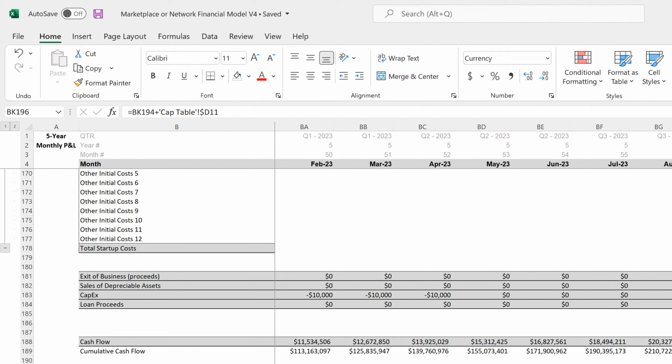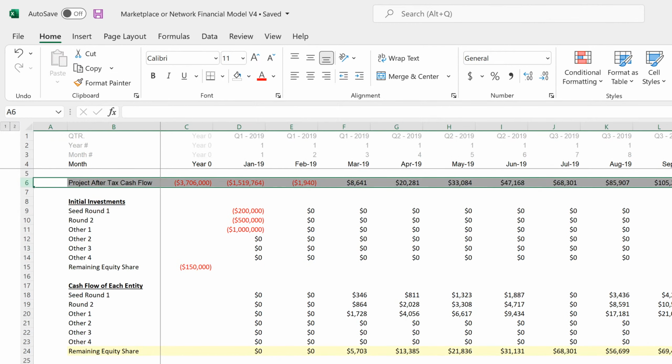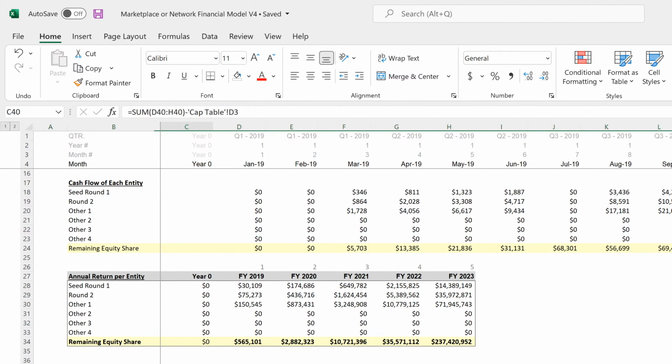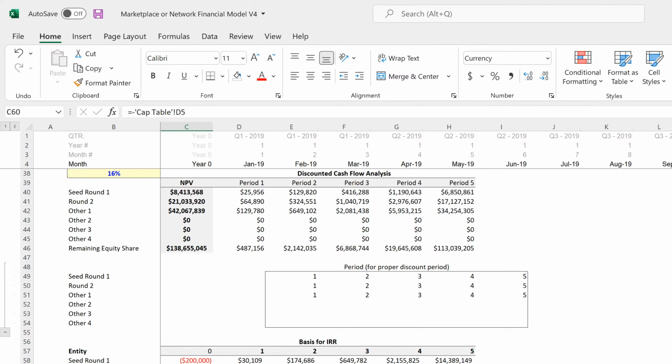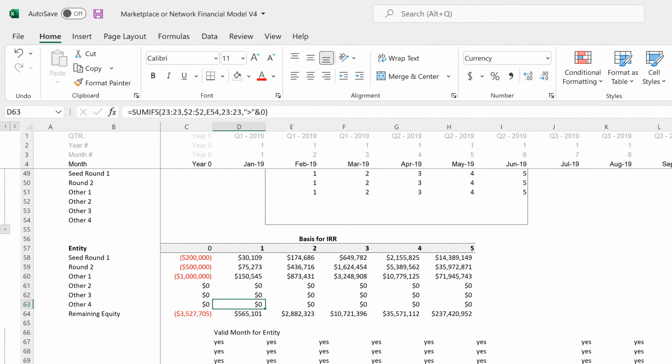So this 435 number is assuming you didn't initially invest that amount, but obviously you did, and that's why we have a net present value here that takes out the initial investment, and the internal rate of return also does that here. Okay, so this looks good to me.